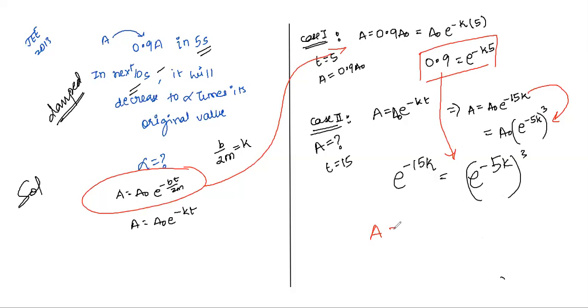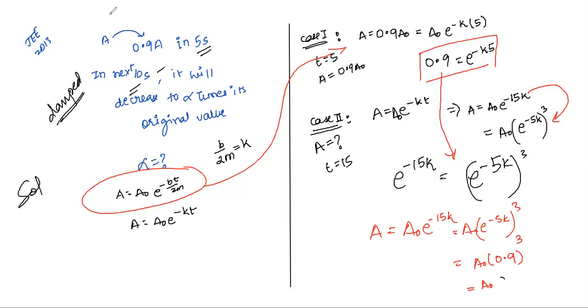Therefore A is equal to A naught into e power minus 15k, given as A naught into e power minus 5k whole cube. Therefore, A naught into 0.9 whole to the power 3, right? I think 9 cube is 729.